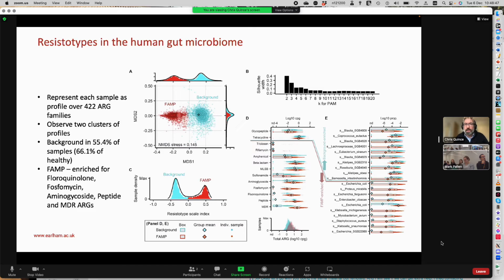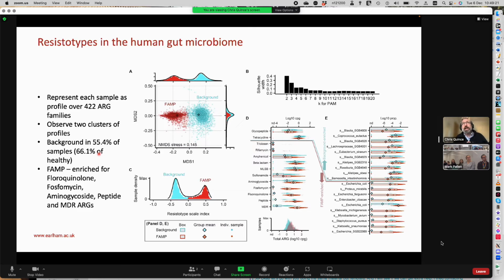We call this the FAMP cluster firstly because it's associated with antibiotic resistance classes: resistance to fluoroquinolones, aminoglycosides, peptides, and multi-drug resistance. And overall, it seems to have more resistance than you find in the background resistor type, which in healthy individuals forms the majority of samples.